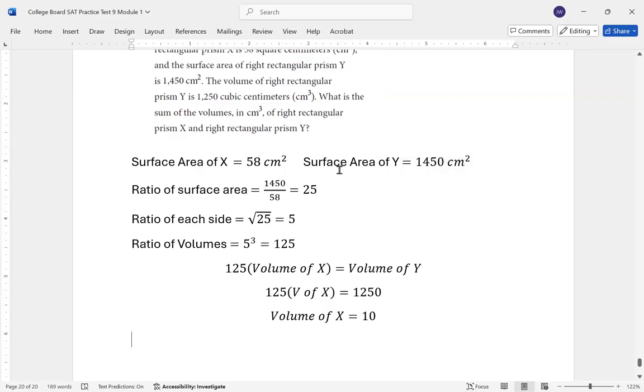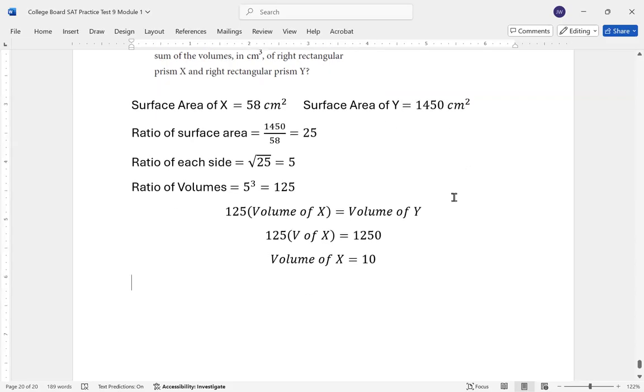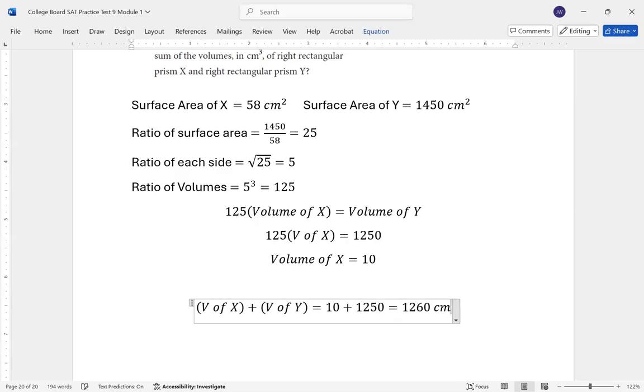So the sum of the volumes of Y and X. So the answer is going to be the volume of X plus the volume of Y, which in this case is 10 plus 1,250, which summing those up, you get 1,260. That would be in cubic centimeters.